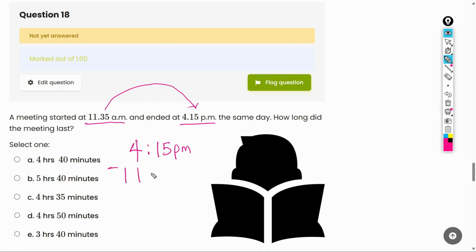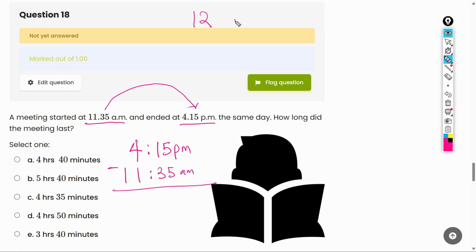Minus 11:35 a.m. Now, because this is p.m., we need to change 4:15 p.m. to hours. Remember that once your clock gets to 12, instead of counting 13, it moves to 1. So it might be difficult subtracting directly, but it's easier if we count 4:15 p.m. in hours.